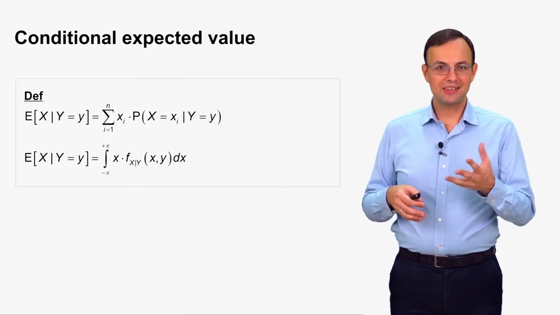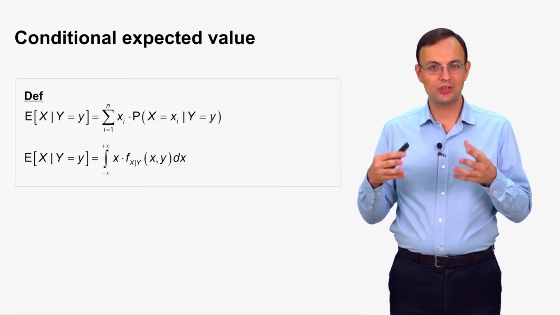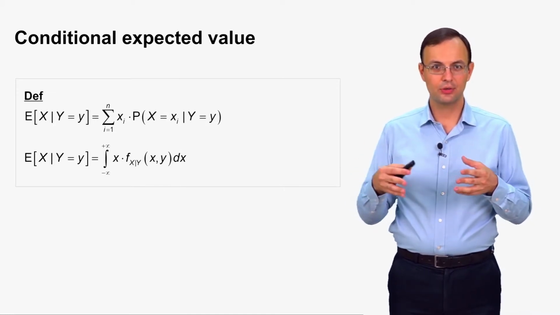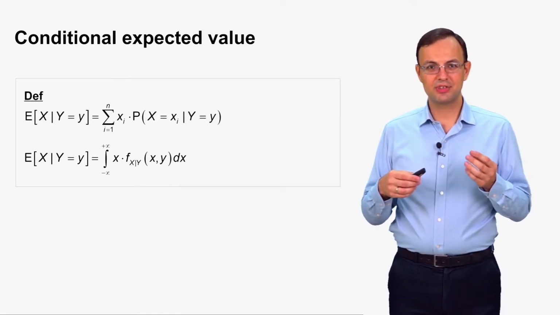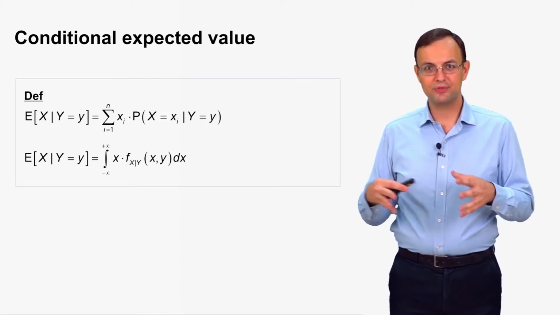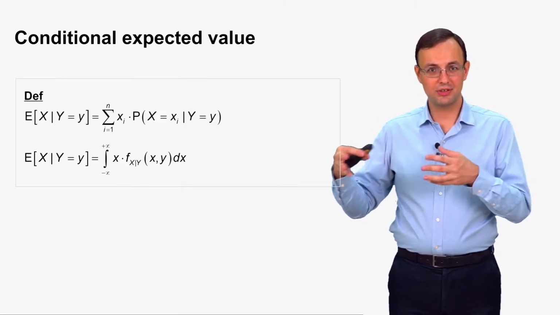So, what does it mean? How can we explain what a conditional expected value is? This means that we are interested in the mean value, the average value of x, given that y is already known.